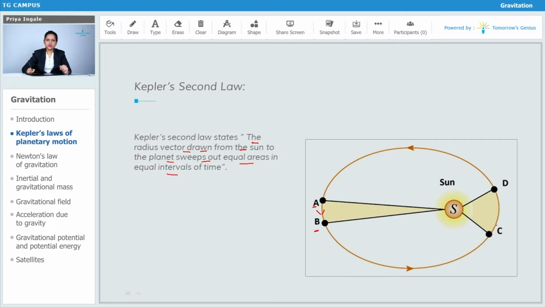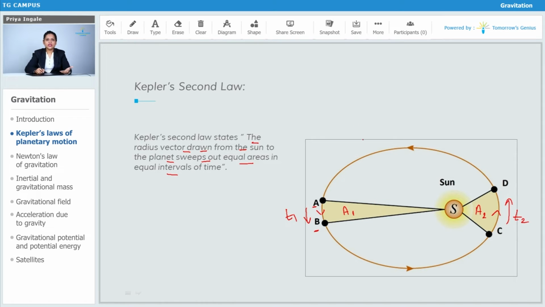Then the planet goes here and then it moves from C to D. So these are the two different positions, C and D. If I consider here that the area is A1, and here I consider the area as A2, and the time taken by the planet to move from A to B is T1, and the time taken by the planet to move from C to D is T2.